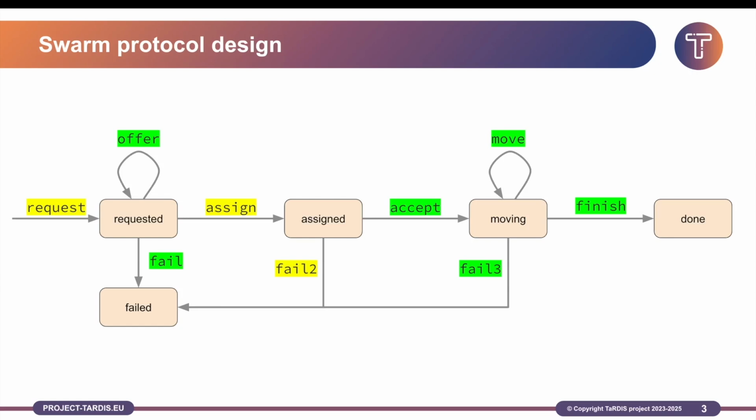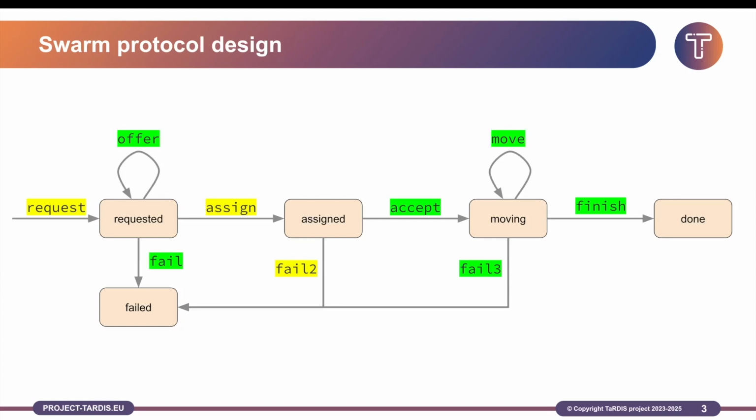Now, the green underline under the offer, for example, shows that when we are in the requested state, offers can be made by logistics robots to service this request. And this is a self loop, so an offer does not change the state. Many requests can be made.